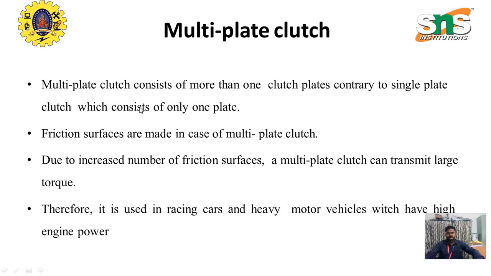The friction surfaces are placed in between these clutch plates in order to give friction between the surfaces. And due to the increased number of friction surfaces, a multi-plate clutch can transmit larger torque.